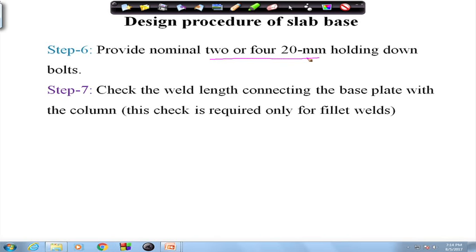However, if moment is there, we need to design how many bolts are required; that will come later. Also in step 6, we can check the weld length. If we go for a weld connection, we check the weld length connecting the base plate with the column, and this check is required only for fillet weld.